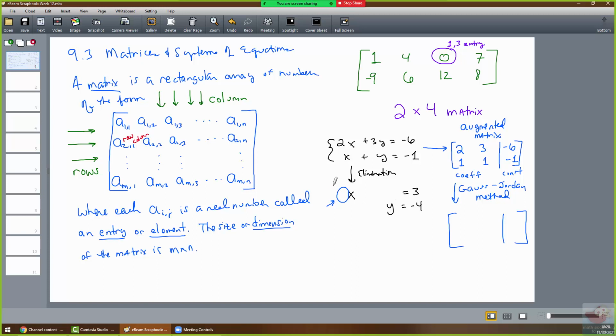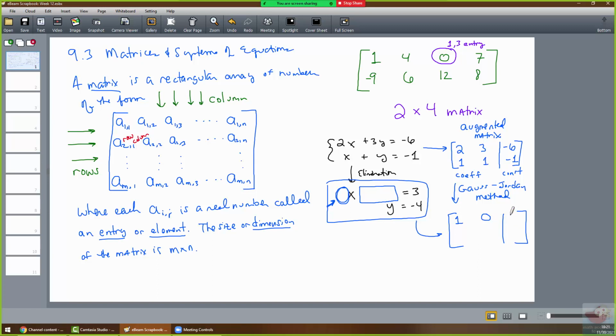We're looking at this right now, and we're going to write the corresponding augmented matrix. So what's the coefficient of x? The 1. Yeah. What's the coefficient of y in the same equation? There is no y, so the coefficient is 0.